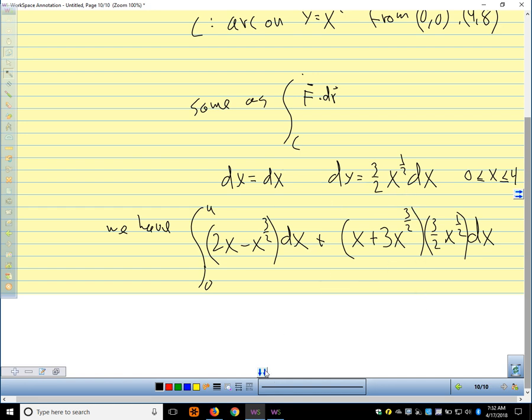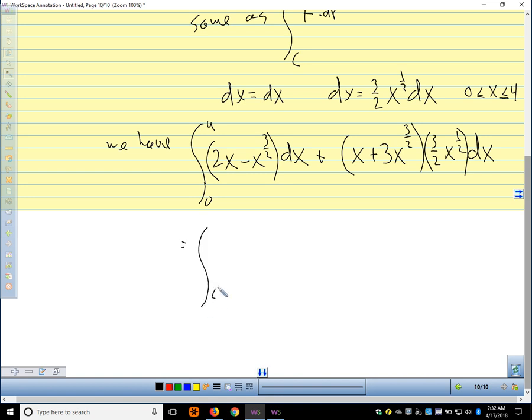And this just becomes the integral from 0 to 4 of 9/2 x squared plus 1/2 x to the 3/2 plus 2x dx. Nice, easy integral to evaluate. And we get 592/5.